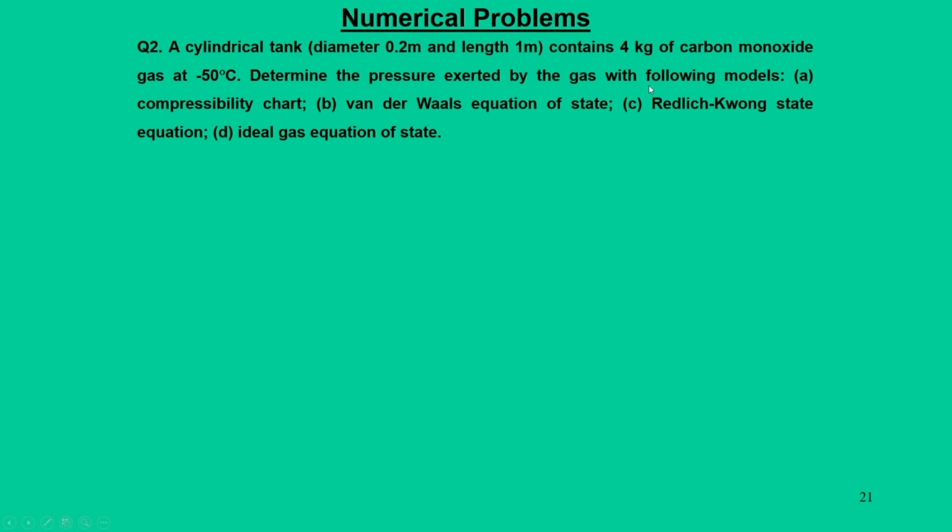There are many methods available: we can use the compressibility chart, the van der Waals equation, the ideal gas equation, or the Redlich-Kwong equation. Let us see in each of these methods what the accuracy level is, or what value we are going to get.